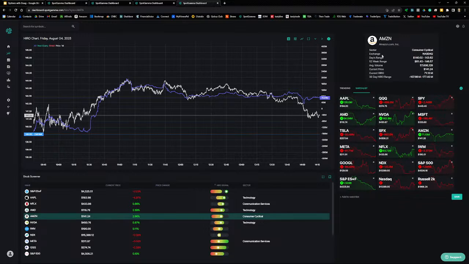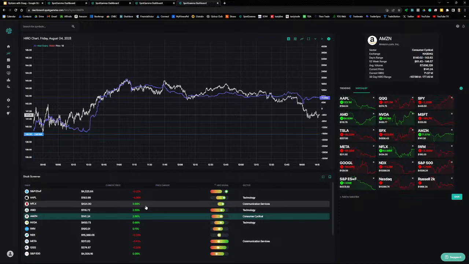So as those calls start to lose value, market makers can sell some of their long stock hedges. When traders buy calls, market makers sell the calls, and they have to buy stock to hedge their delta exposure. And when those calls start to lose value, market makers can sell some of their long stock hedges.